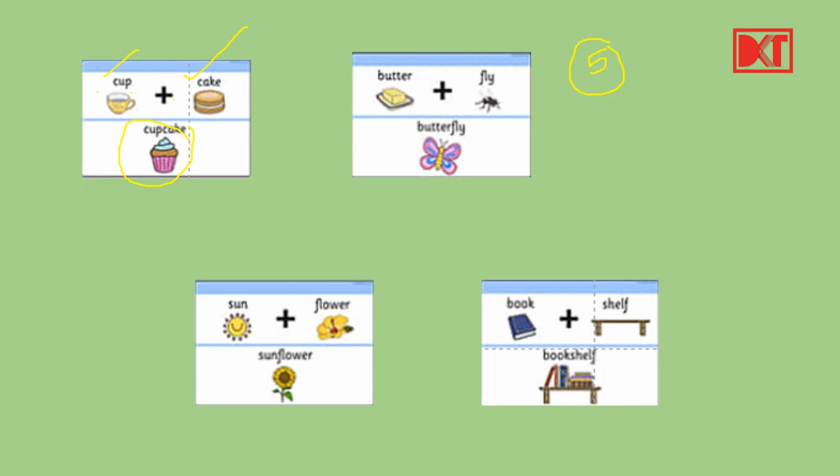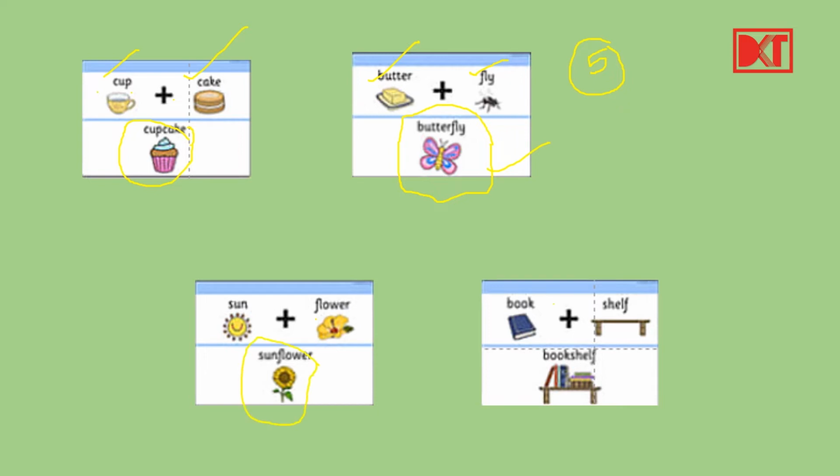Similarly here, butter, a completely different word, fly, a different word. But when we put them together, we again form a new word, which is what? Butterfly. Butterfly has no connection with butter or fly. It's an absolutely new word. Similarly here, sun plus flower makes a sunflower.